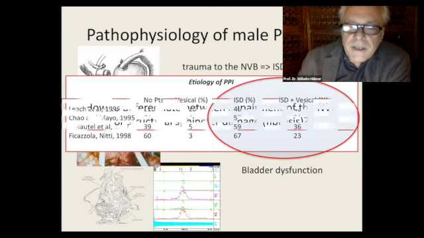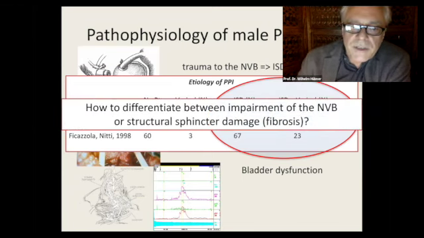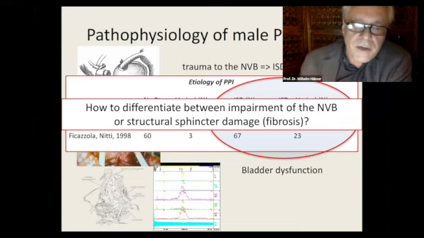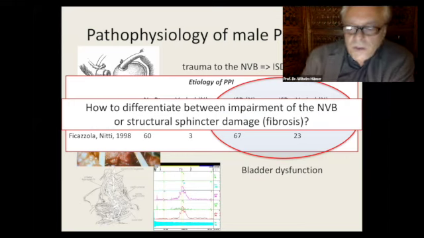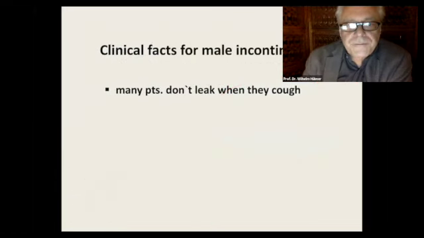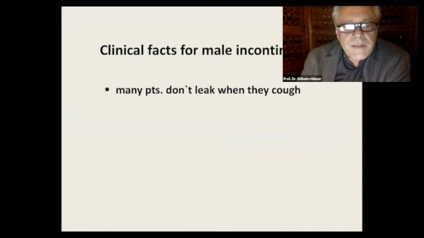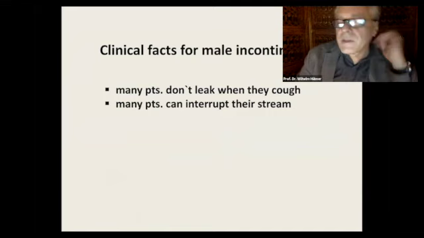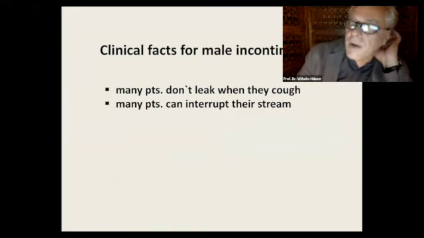So for our diagnostics, it's important to distinguish: do we have an impairment of the neurovascular bundle innervation, or do we have a real structural sphincter damage due to fibrosis? Now, looking into the clinical facts for male incontinence, many patients who are incontinent would not even leak when they cough, and some of these patients can definitely interrupt their stream.